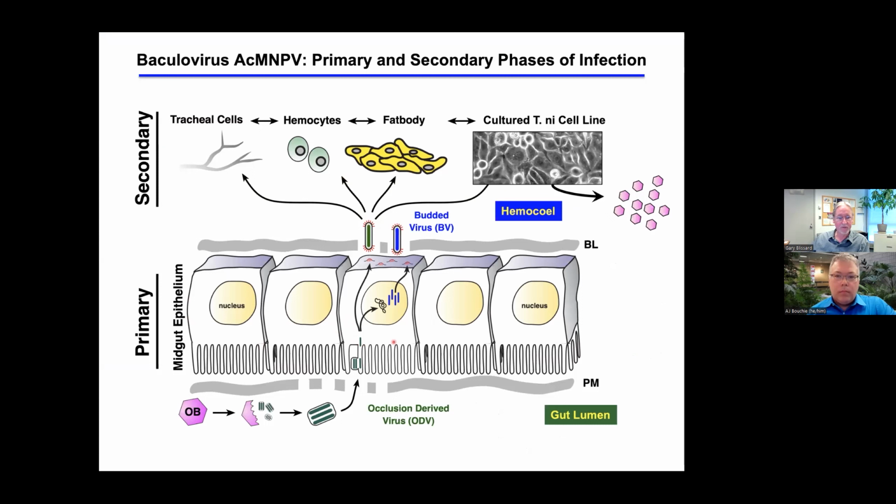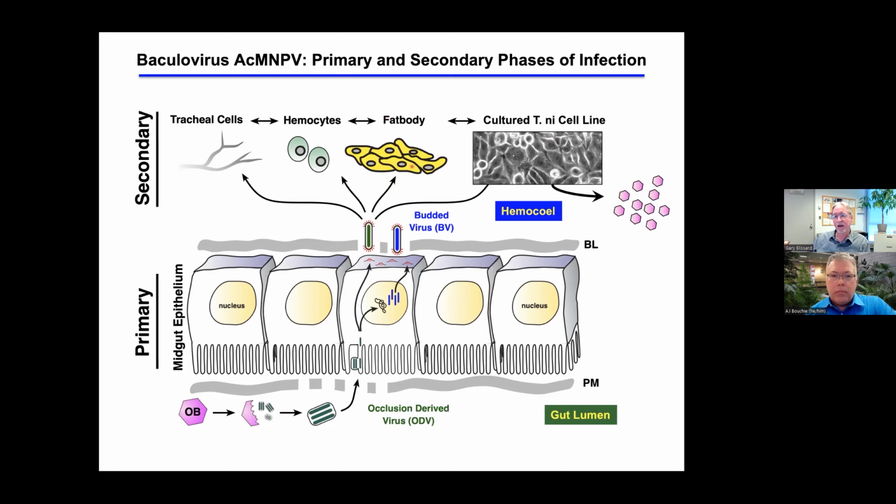It's very powerful technology. So I'll just show you an example of a fairly recent study in which we looked at the expression of the baculovirus in the primary phase and compared that to its gene expression in the secondary phase.